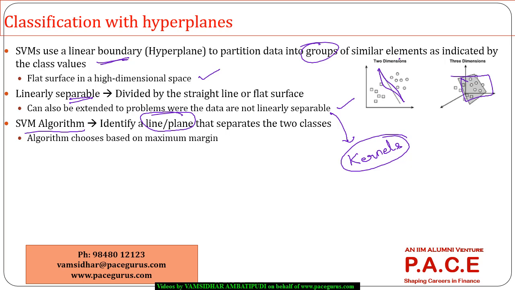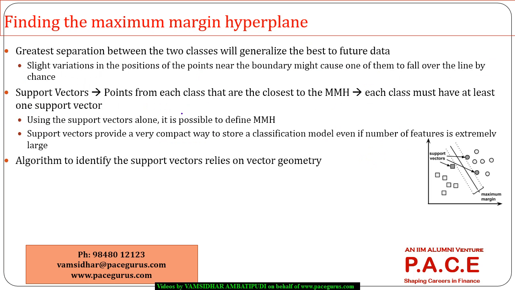The kind of algorithm that we are choosing is always based on the concept of maximum margin. That is the concept that we are using for doing the separation between the groups. Now, how do I really find this maximum margin?